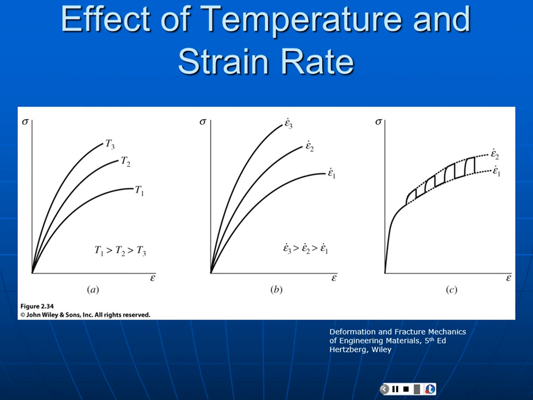Now, stress strain curves are influenced by a lot of things. The two biggest things that we have to worry about are temperature and the speed of the test, or the strain rate. So if we look at a stress strain curve as we change the temperature, as you lower the temperature, going from T1 to T2 to T3, you're going to see in most materials a rise in the stiffness, a rise in the yield strength, and usually a reduction in the strain to failure.